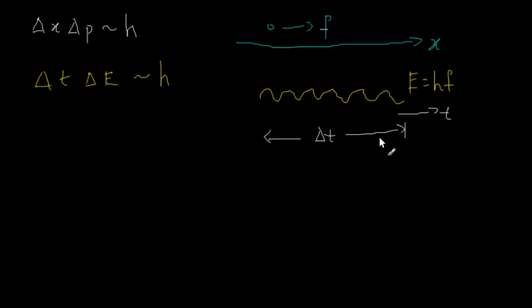Now in the previous video, we have already seen how a short pulse of wave, right? How a wave with a short extent of delta x, how it could be made up by adding a number of different wavelengths together. So in the same way, we can imagine making this up by using a number of different frequencies.